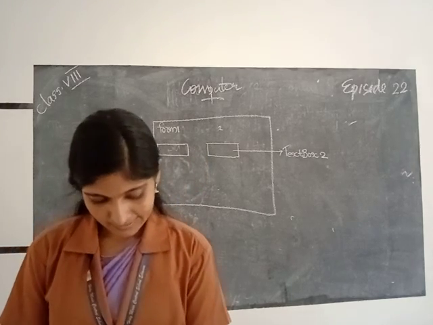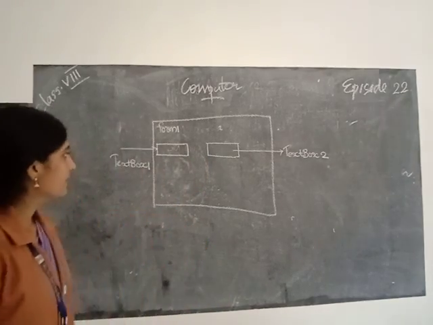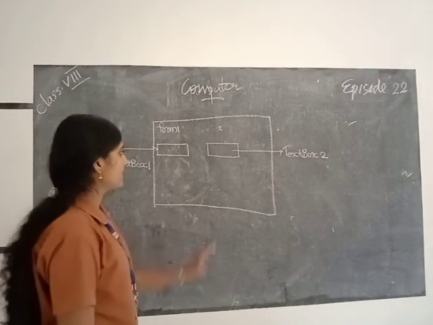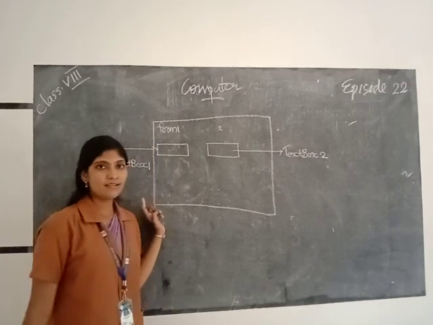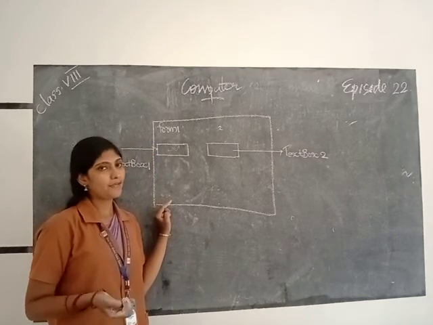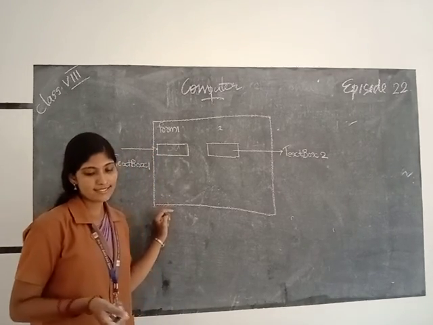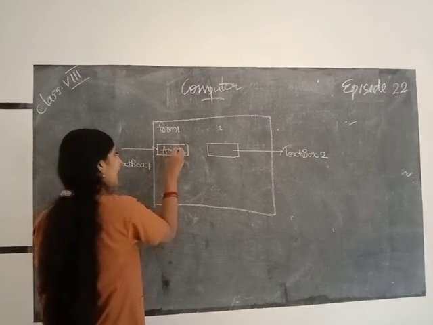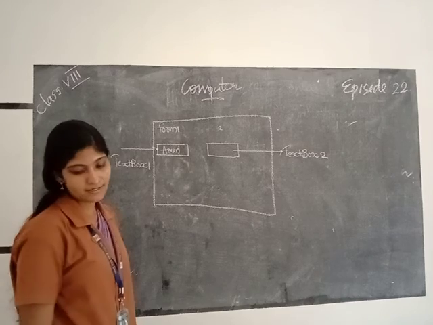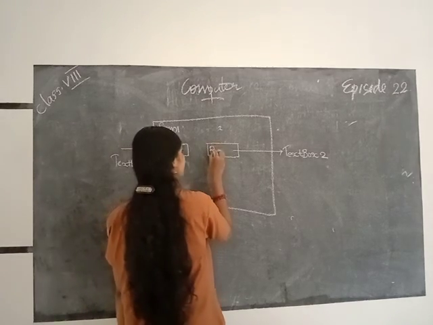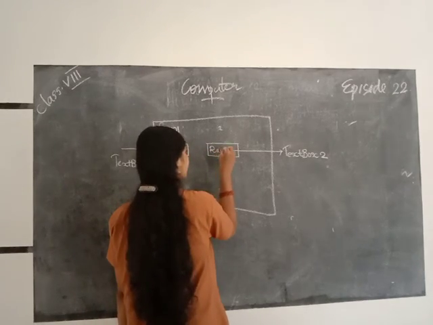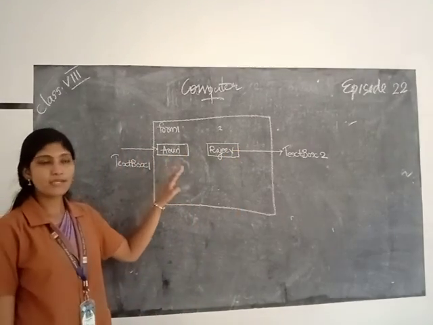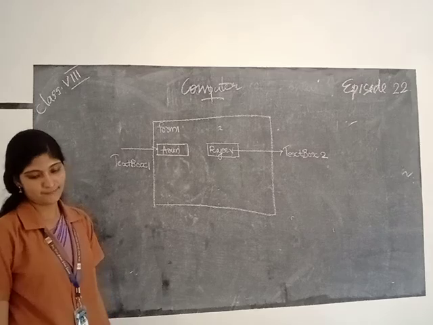The name is text box 1 and here the name is text box 2. Then enter the two names. So let's see here, entering a name Arun and entering another name Rajiv. So now we entered two names in each text box.